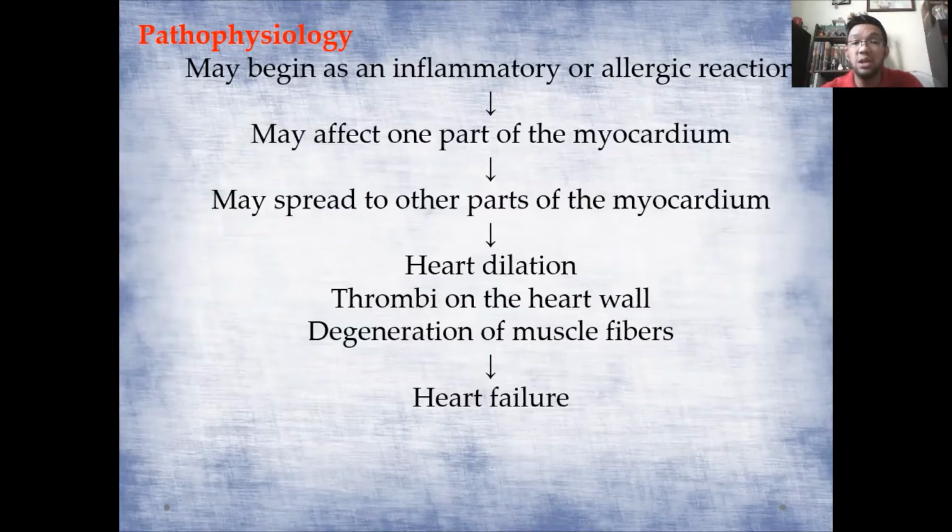And later on, degeneration of muscle fibers will occur, leading now to heart failure. There will be scarring of the muscle tissue of the heart, the myocardium, and that scarring can result in heart failure. Instead of pumping effectively, it will now be weak and thready. That is how heart failure is occurring. The heart doesn't pump effectively.